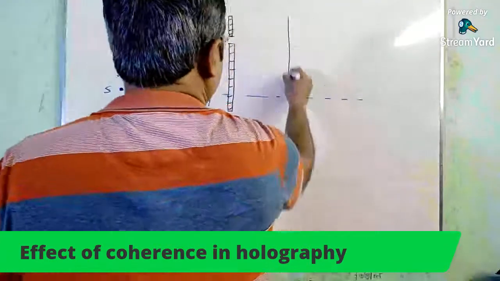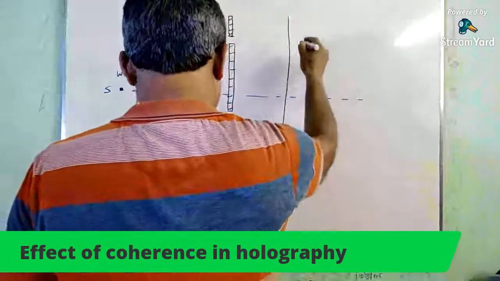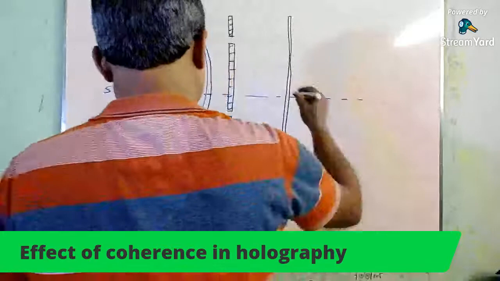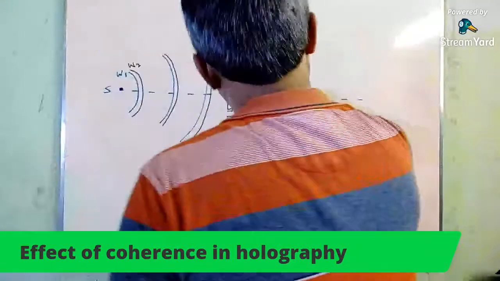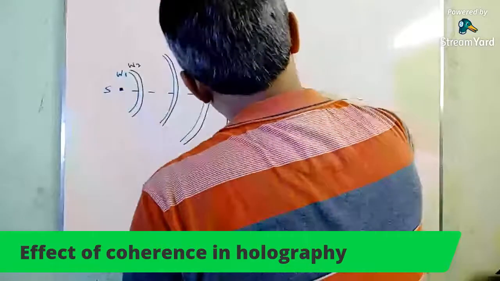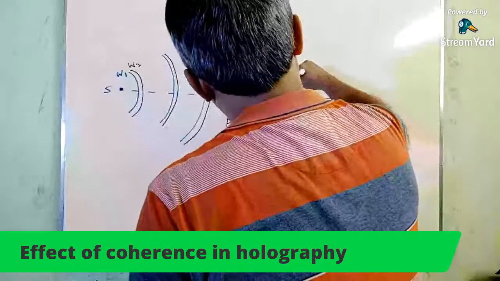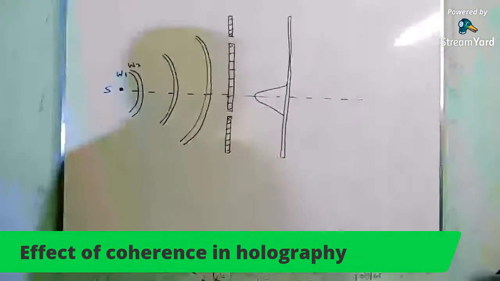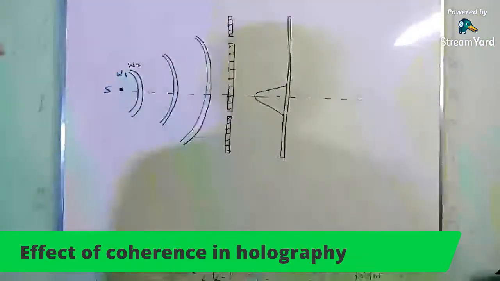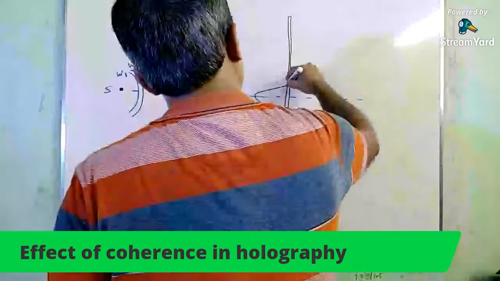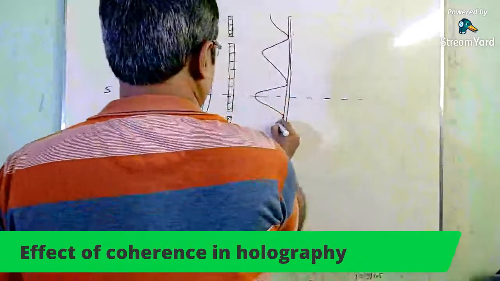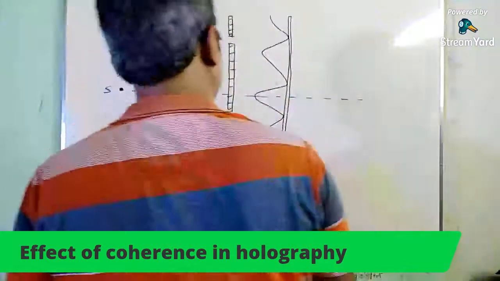Now what will happen if this is the observation plate? As W2 is of longer wavelength, the peak to peak distance will be higher, or longer.